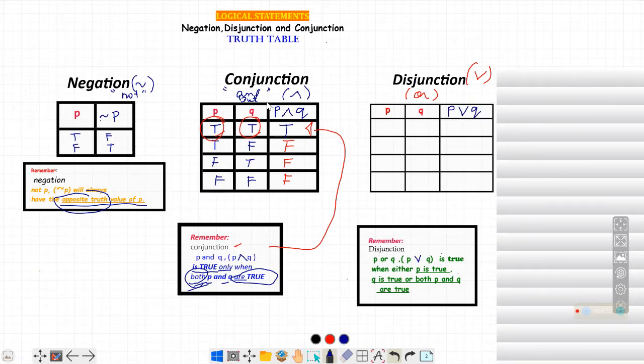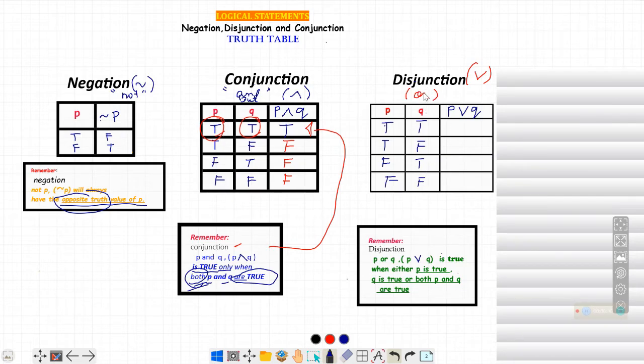Just like conjunction, we also need to remember the possible combinations. There are four possible combinations that we need to remember to get the truth table of this disjunction. Same as before: when P is true and Q is true, when P is true but Q is false, when P is false and Q is true, and when both of them are false.